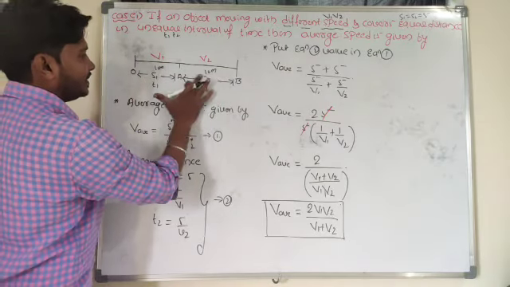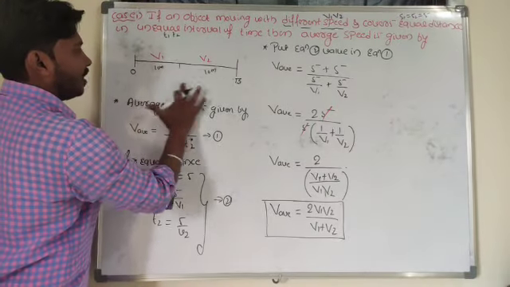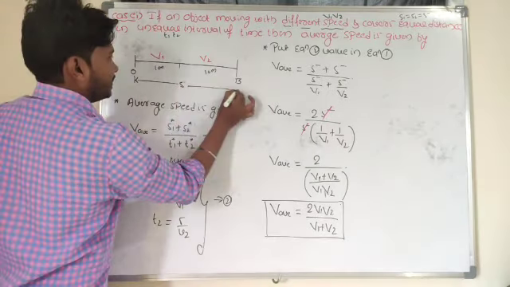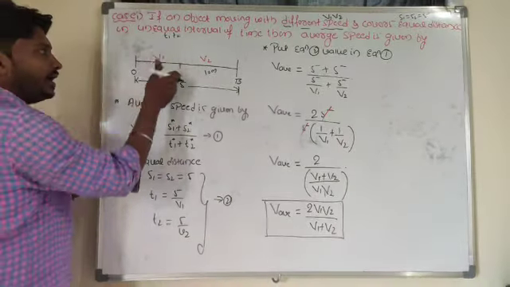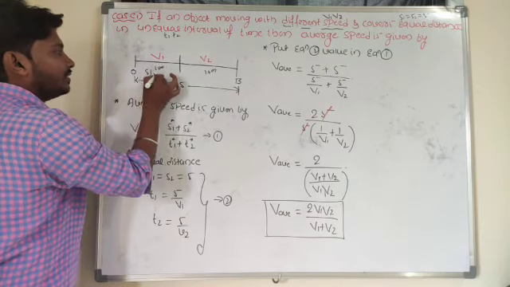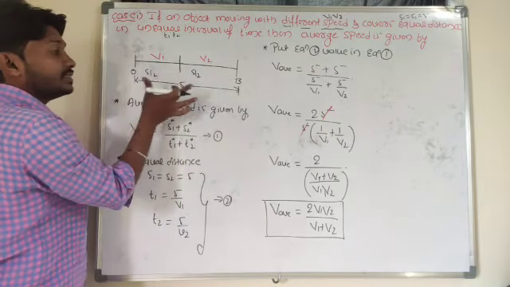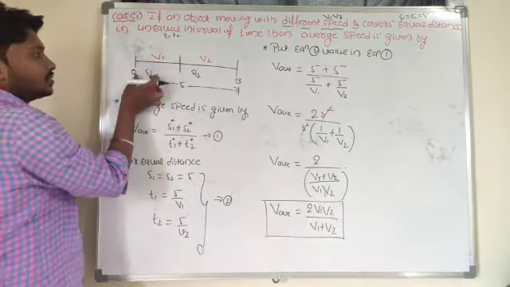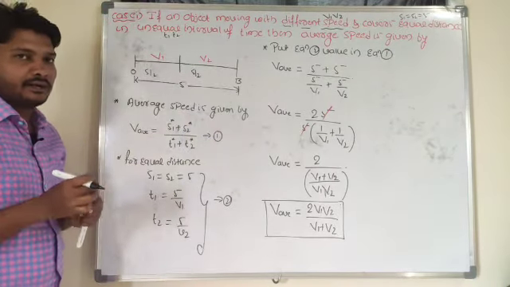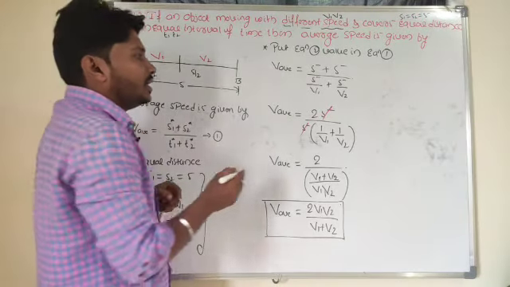Let me understand with a question. The total distance is S. Divide the total distance into 2 halves. So I will take S by 2 here. The total distance is divided into 2 equal halves: one is S by 2 and this is also S by 2.